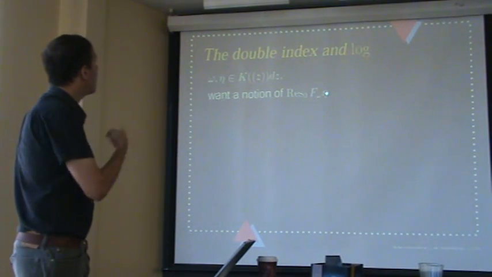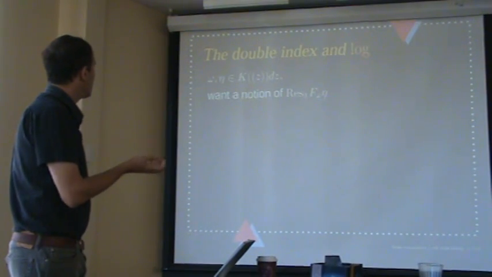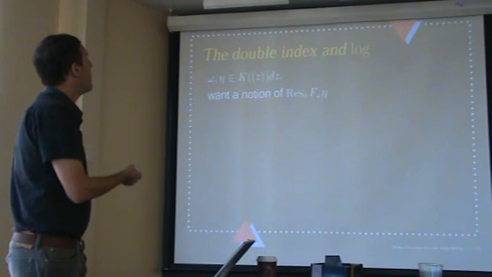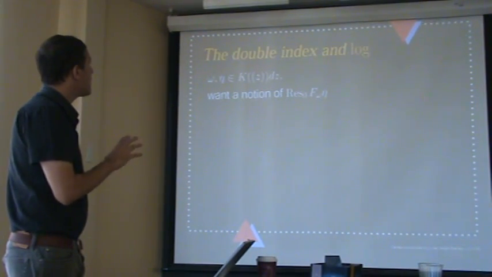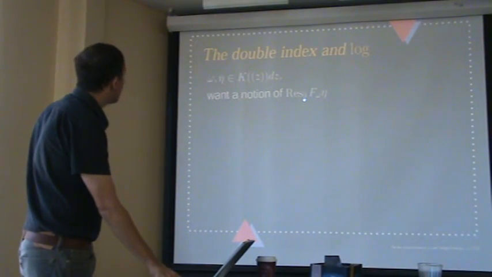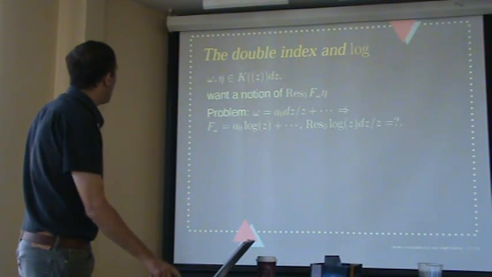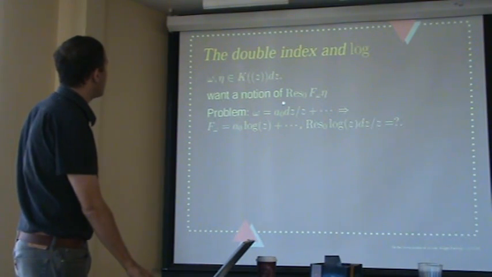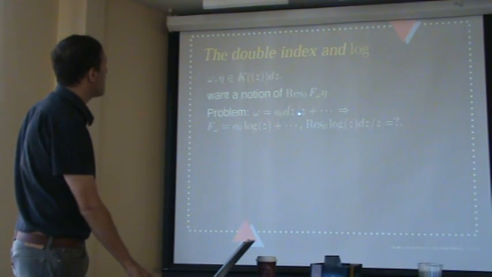Okay, so you have an integral of omega. On that level, you can integrate completely formally. You multiply by this form eta, and then you want to say what is the residue at zero of this one form. To see what the problem is, observe that omega may actually contain a component dz over z.